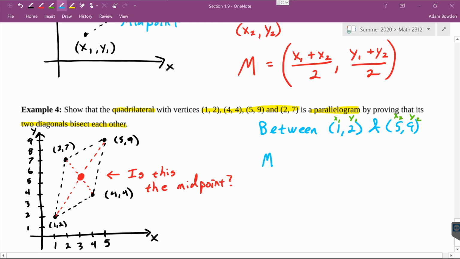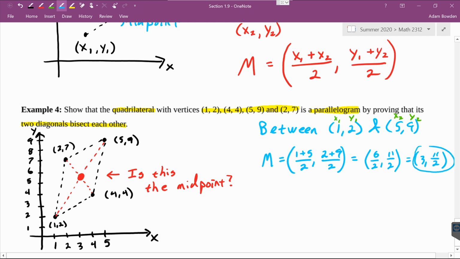So the midpoint here would go something like 1 plus 5 over 2, 2 plus 9 over 2. And so that would look like 6 over 2, 11 over 2, or just 3, I should say, and 11 over 2. So that's what midpoint we see between those 2 points.